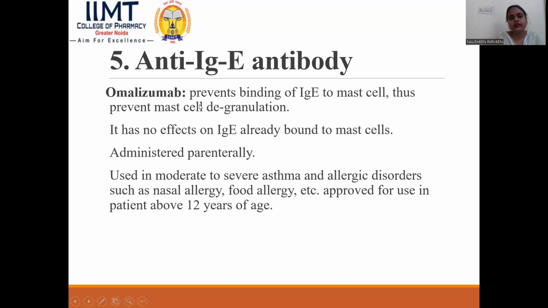Omalizumab acts to prevent the binding of immunoglobulin E to mast cells, thus preventing mast cell degranulation. It has no effect on immunoglobulin E already bound to mast cells. Administered parenterally, used in moderate to severe asthma and allergic disorders such as nasal allergy, food allergy, etc. Approved for use in patients above 12 years of age.